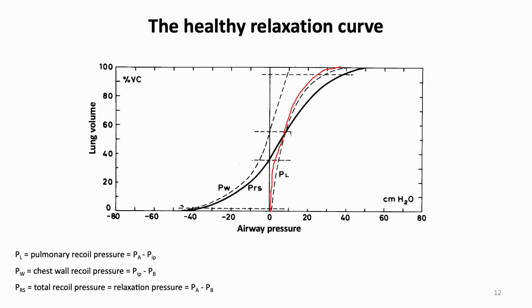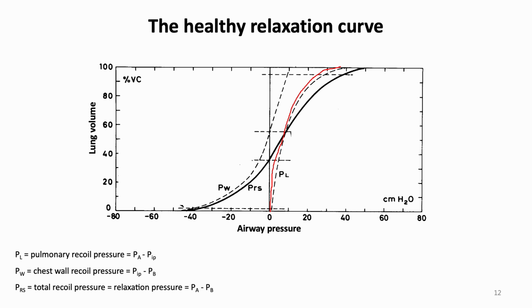So this curve is the contribution of the lungs per se. Again, same story. When the value is positive, it means that the lungs want to contract, want to become smaller. They're compressing the air in the airways. When negative, it means that the lungs want to expand. As you can see, it's actually never negative. It ends at 0 here.